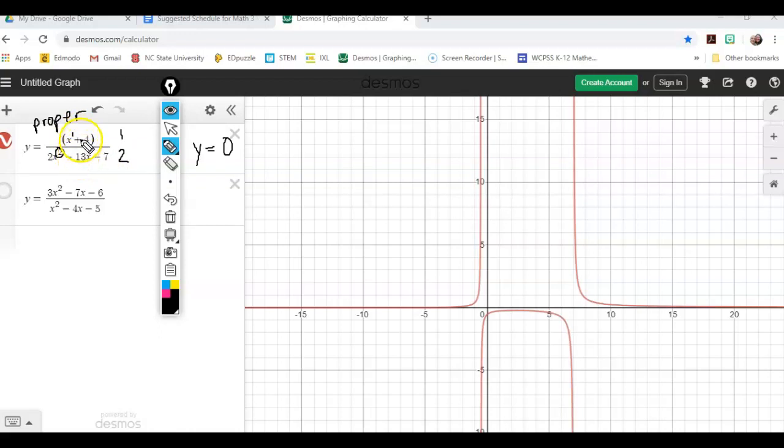And as x gets to be a bigger number, it's going to be an even bigger and bigger difference. And so that means that this is always going to be some teeny tiny little fraction that is getting closer and closer to 0. So when you have a proper fraction, the degree on the top is smaller than the degree on the bottom, that gives you a horizontal asymptote at 0.